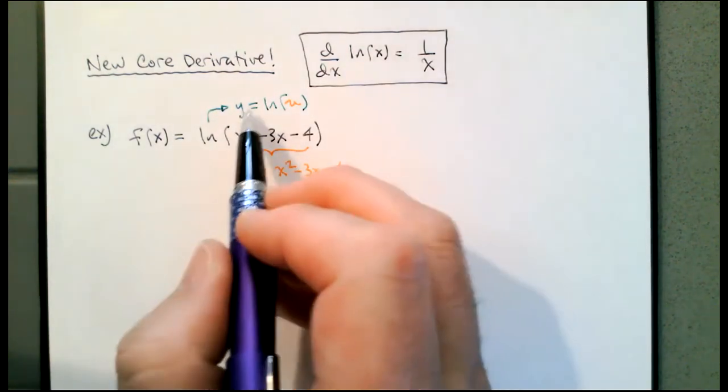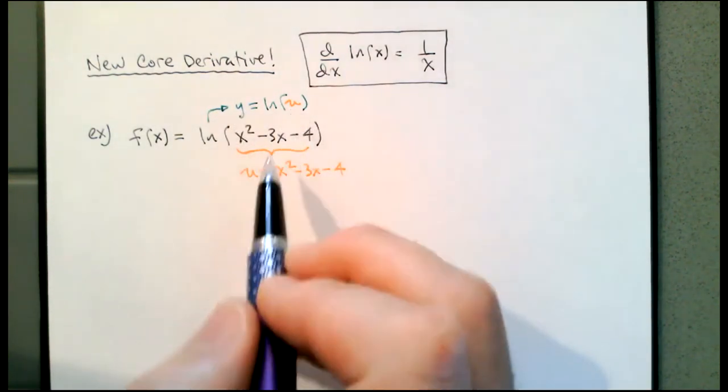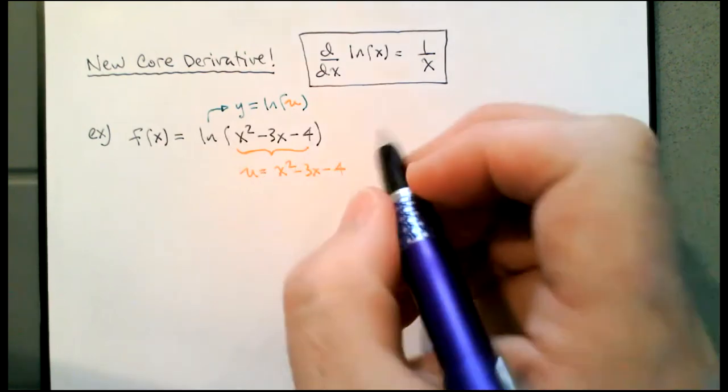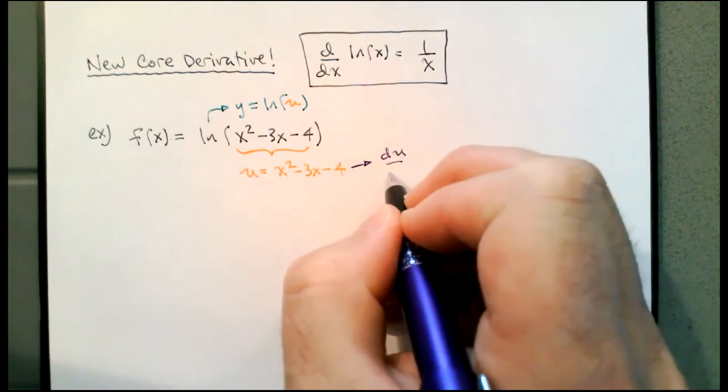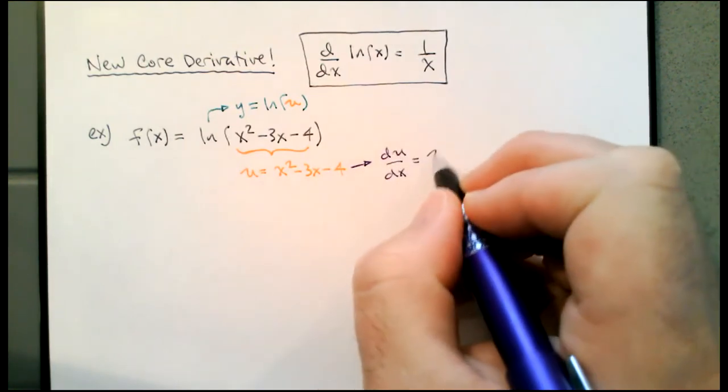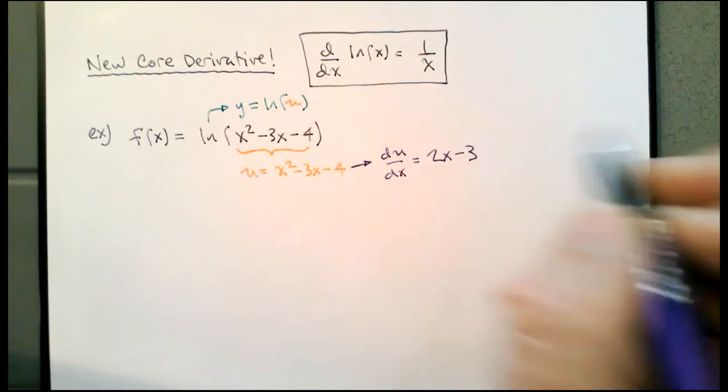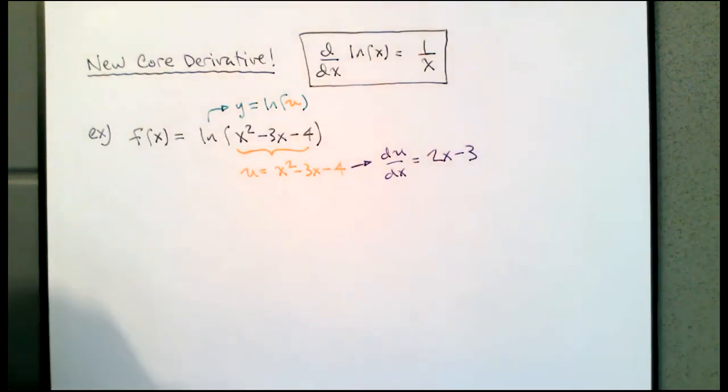So we're going to take the derivative of y with respect to u and then multiply by the derivative of u with respect to x. So we're also going to need du dx, which will be 2x minus 3. So we're using the chain rule.